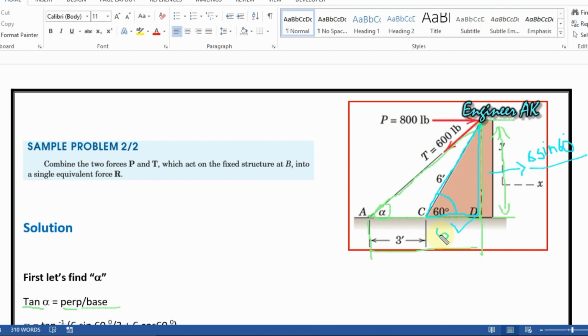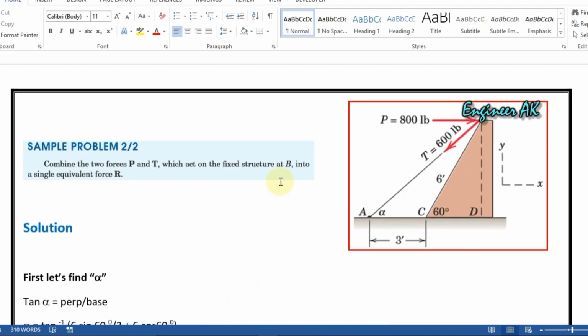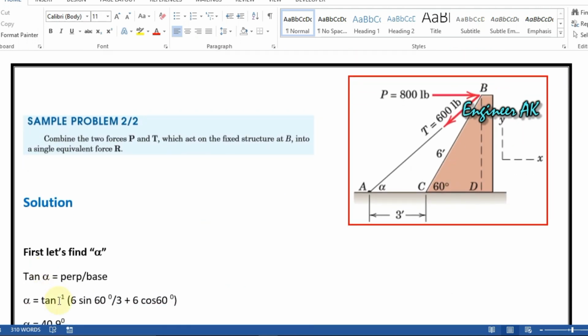Same as that one, but 6 cos of 60. Now I hope you understand this diagram. Here I have already mentioned the perpendicular distance, which was 6 sine 60 degrees, from here till here.